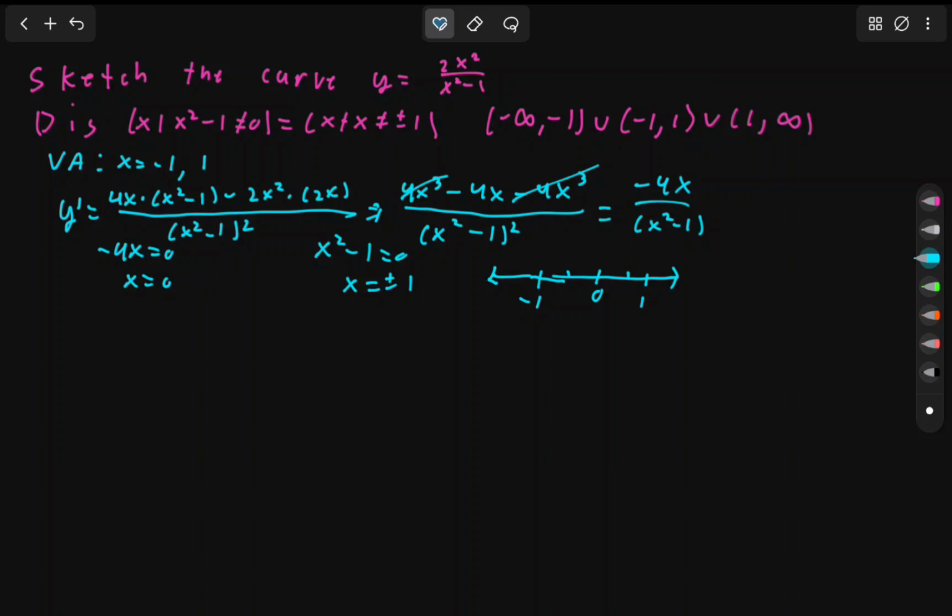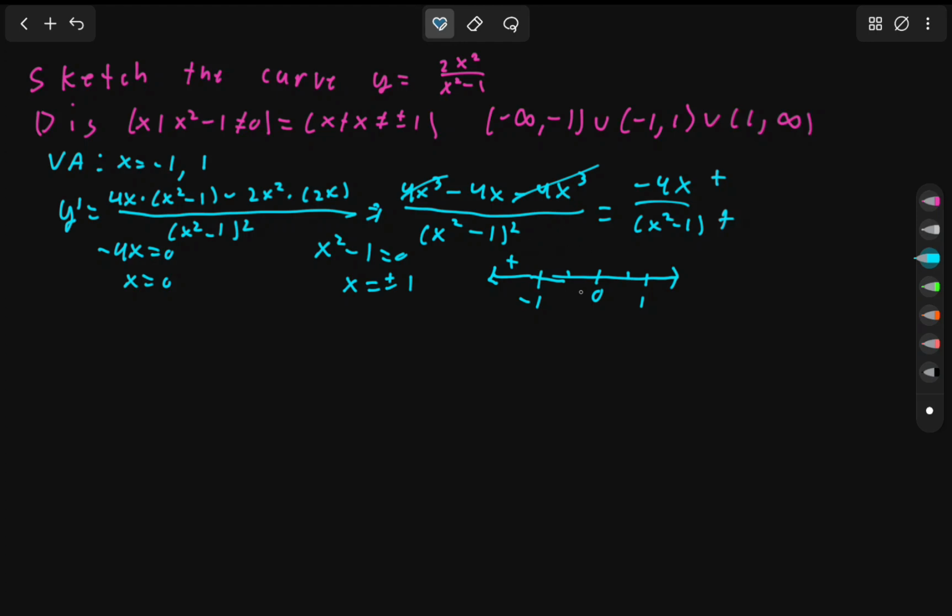Let's say we plug in negative infinity for estimating this interval over here. Well, the numerator is going to become positive, and then the denominator, since we have this x squared, is also going to be positive, so it's increasing. Alright.